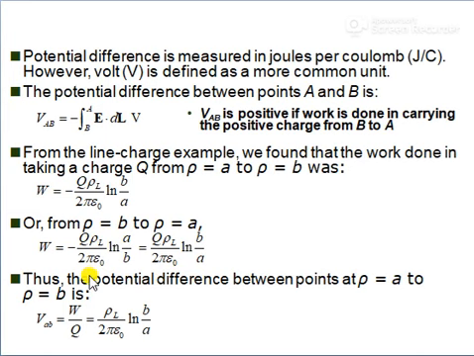Either it can be initial to final. Thus the potential difference between rho equal to A and rho equal to B is VAB equal to W by Q, that is rho L by 2 pi epsilon naught log of B by A.